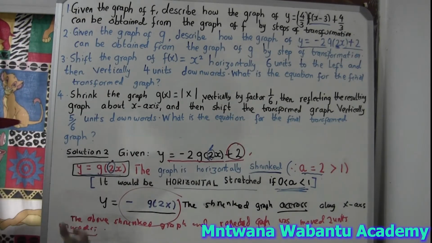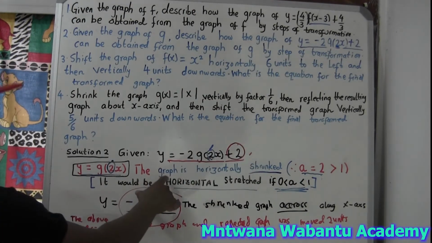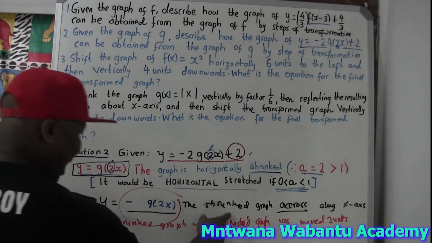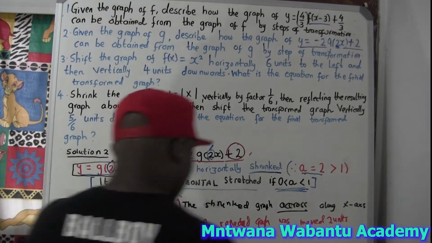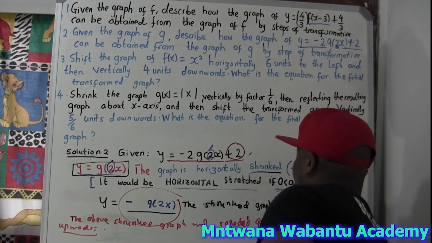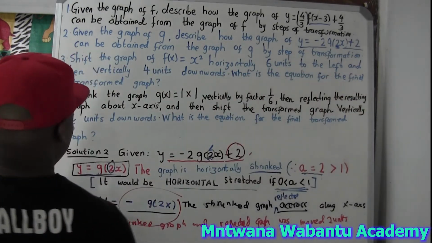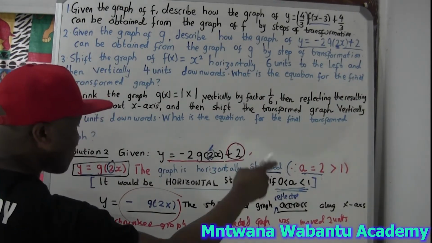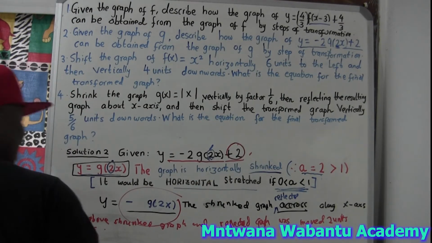Okay, so now in general, how are we going to say it? In general, you're going to have to say the whole sentence. The graph is horizontal shrunken, and then the shrunken graph reflected along the x-axis, and then the above shrunken, reflected graph was moved, or was shifted, or was translated.